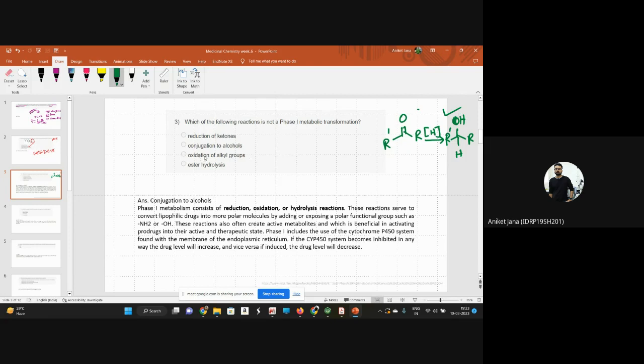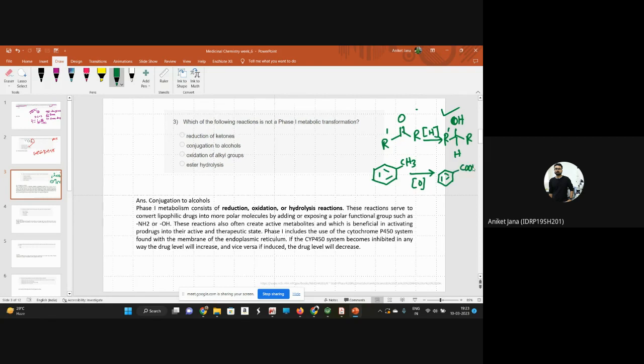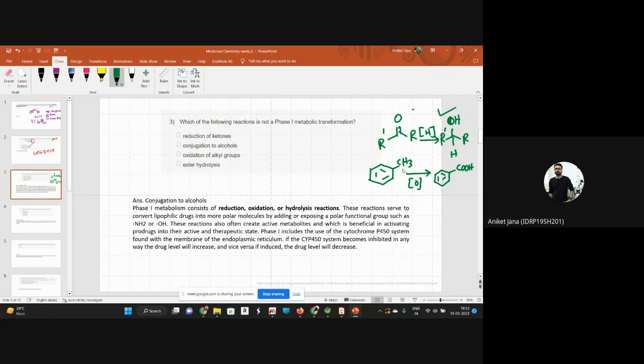Okay, if we consider this one, oxidation of the alkyl group, then what will we get after the oxidation? Suppose we have this structure, very arbitrary I am saying. So if we are oxidizing this one, what will we get here? CH3, alkyl group, and after oxidation we will get a free carboxylic acid as the end product. From alkyl group to carboxylic acid, is it becoming more polar or less polar?